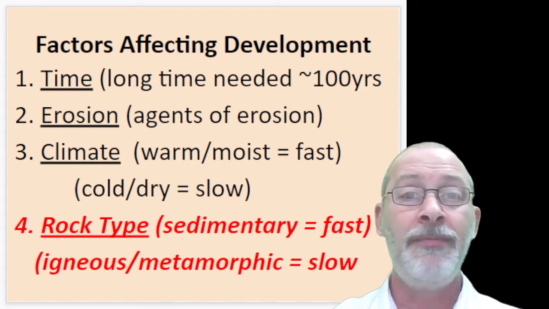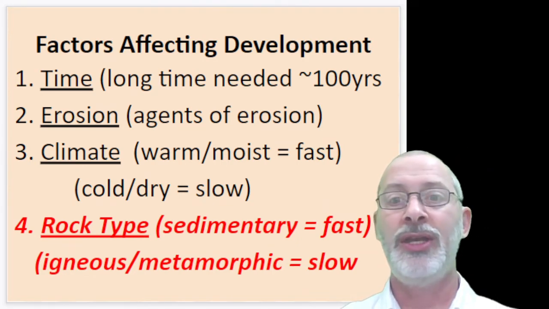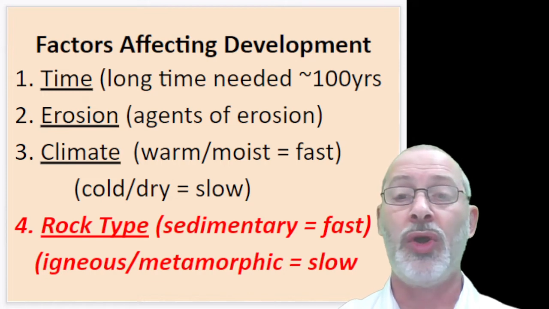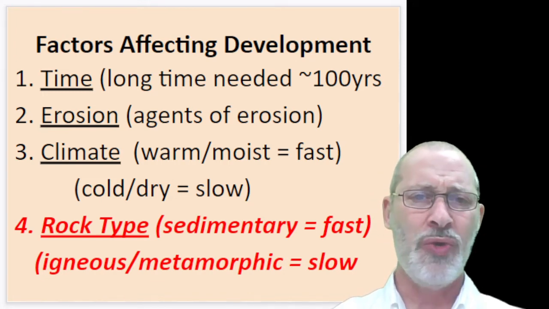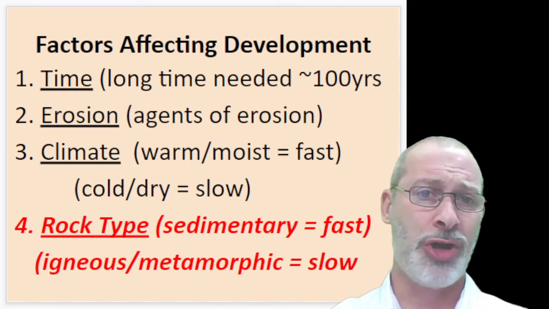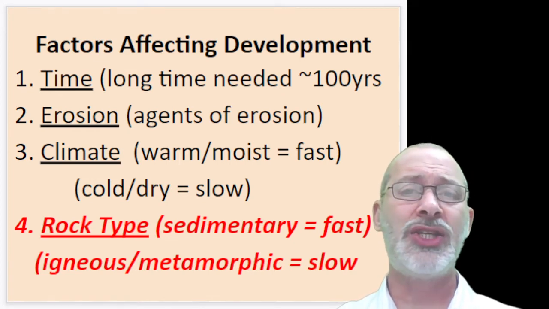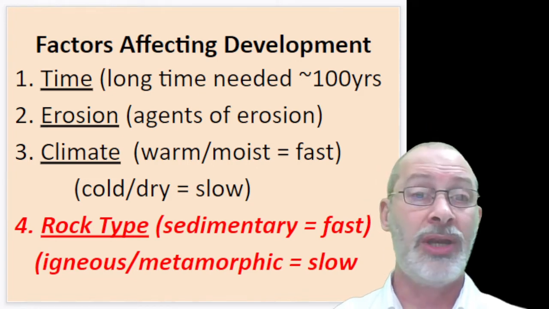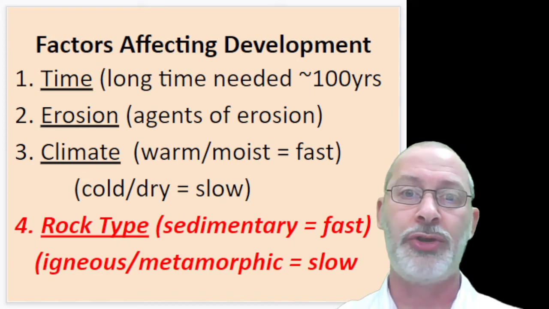Generally speaking, sedimentary rocks, like the shale I mentioned, are going to develop a mature soil a lot faster than igneous or metamorphic rocks because of the crystalline structure. The crystalline structure of igneous and metamorphic rocks is so much more solid, and you can have larger or smaller crystal sizes, as we learned in geology in the first unit.